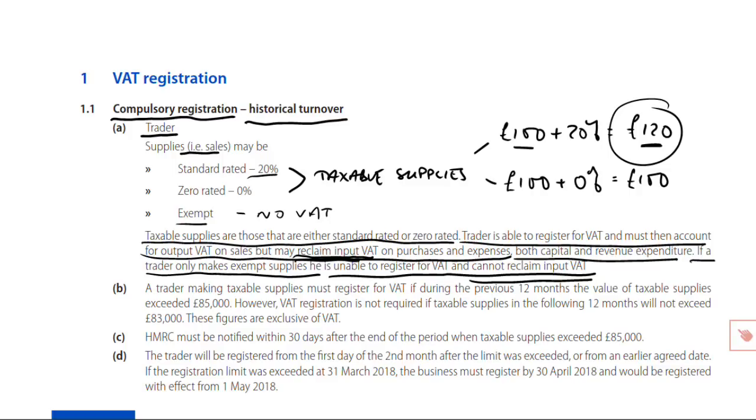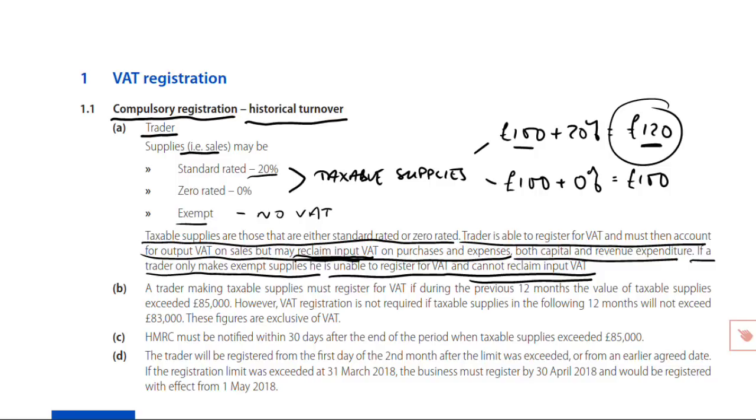The 20% sales tax, the VAT, belongs to HMRC. We have to account for that on VAT returns, normally, as we'll see later in these notes, on a quarterly basis. We have to pay over that VAT to HMRC.